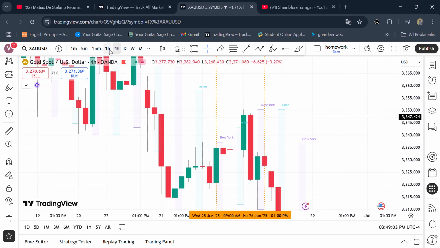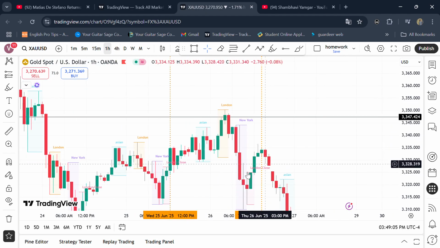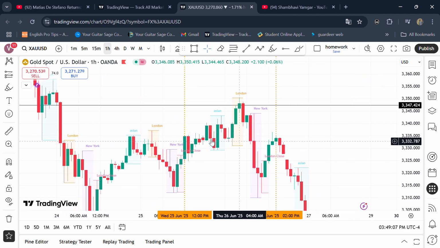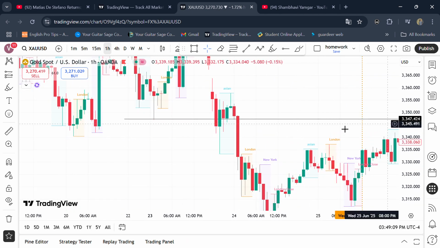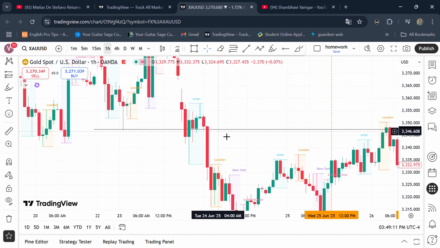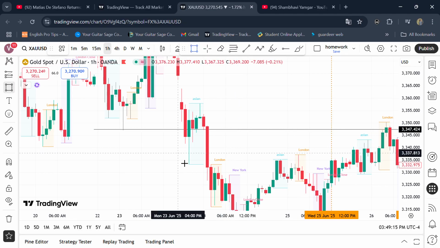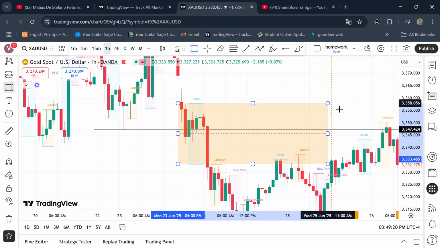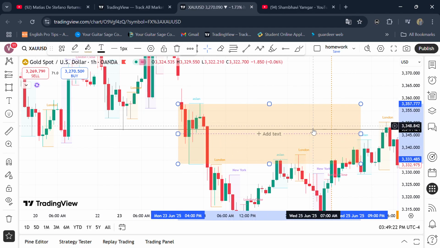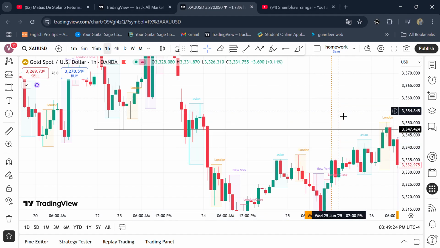Now if we go to the 1 hour time frame, you will also see that at this region where this line is, there is also an order flow, this green colored order flow, which price would like to mitigate.